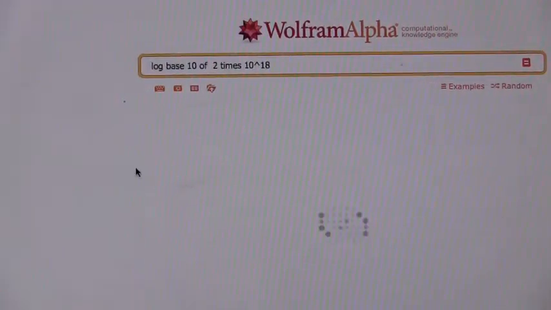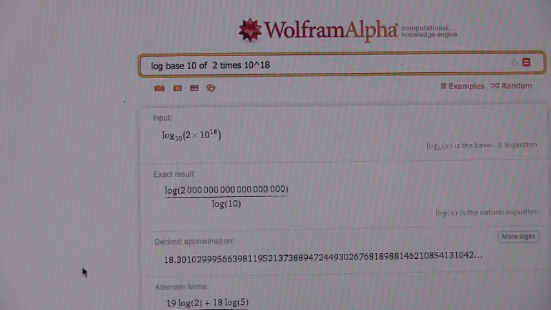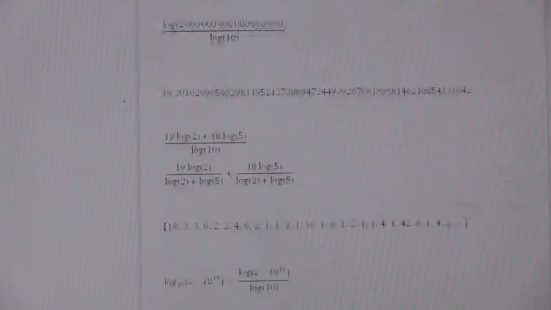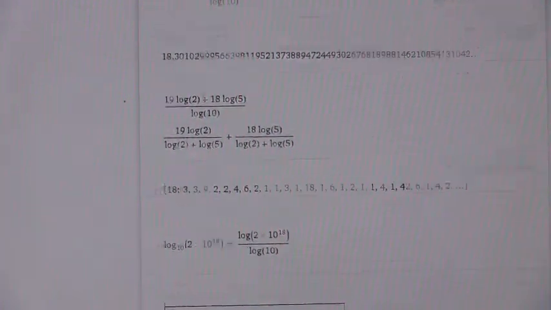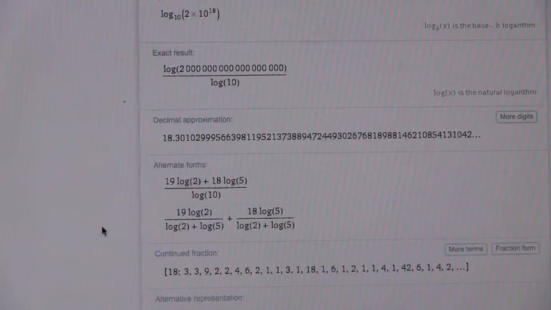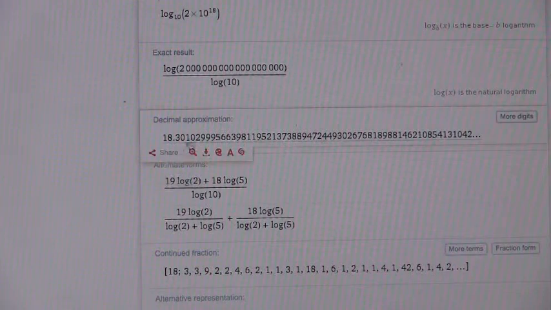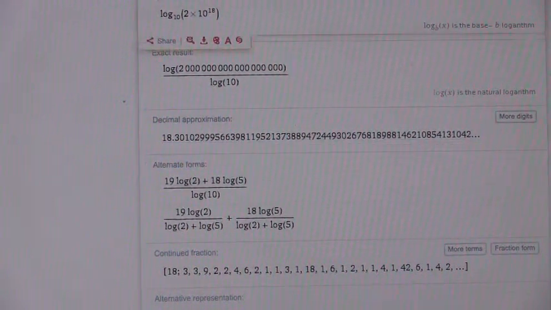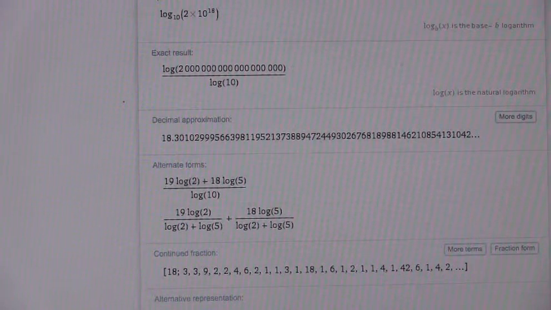I don't know how to enter 2 times 10 to the 18th, so let me... Oh, I got it. Let's scroll down to find the logarithm of that. 18.301. So that would have maybe 19 digits.